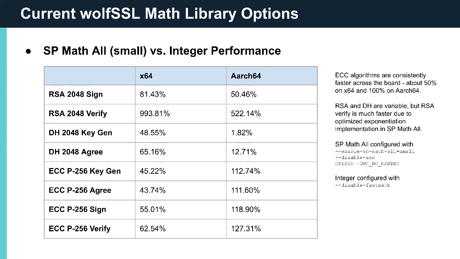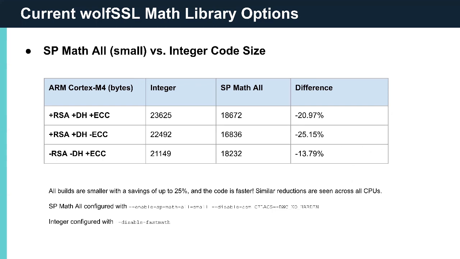RSA and Diffie-Hellman are a little variable. If you look at code size, again, this is on ARM Cortex-M4, integer library versus SP Math All. SP Math All is going to be 13 to 25% smaller.